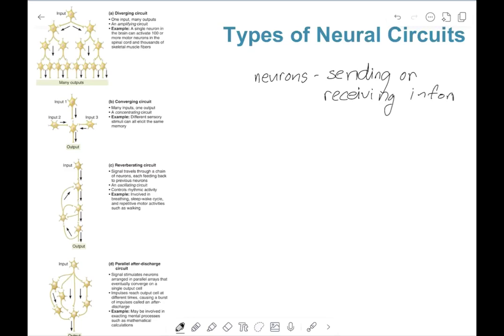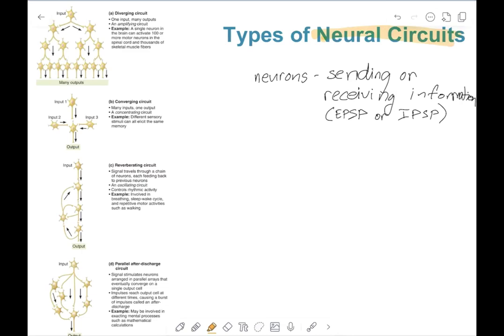And as we know, they can be either excitatory or inhibitory. So when there's a large collection of neurons, that pattern is what is called a neural circuit, which is what we're going to look at here.